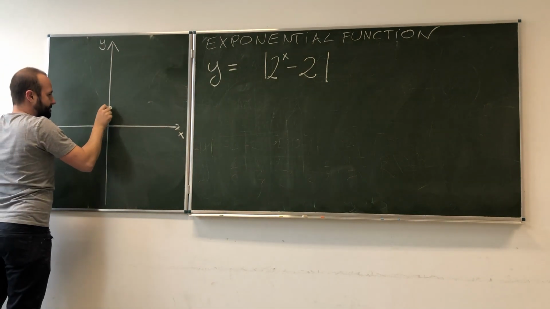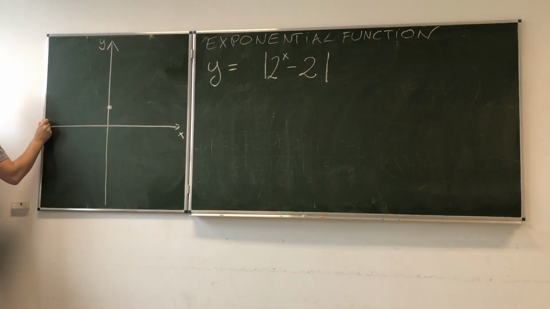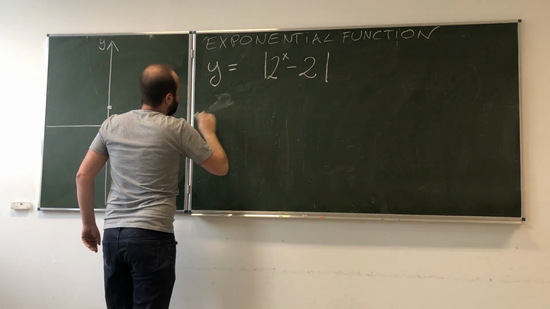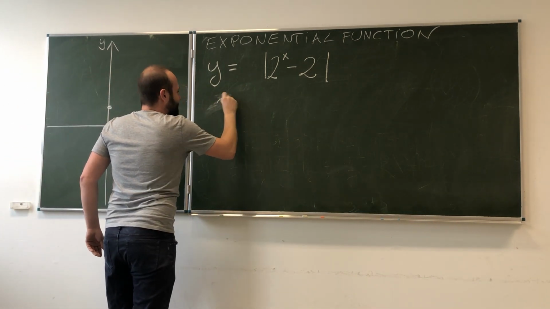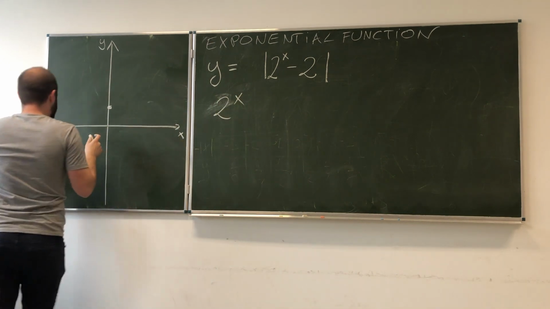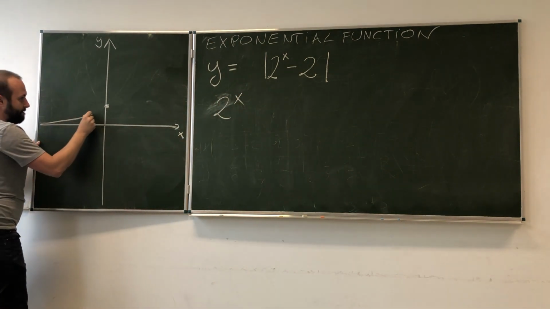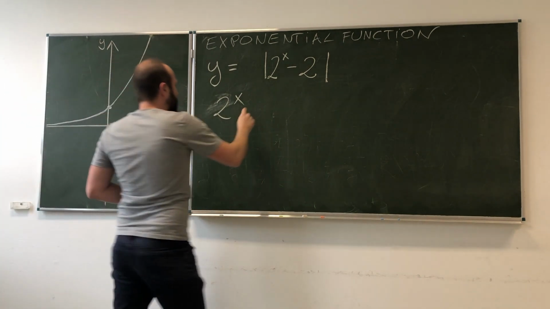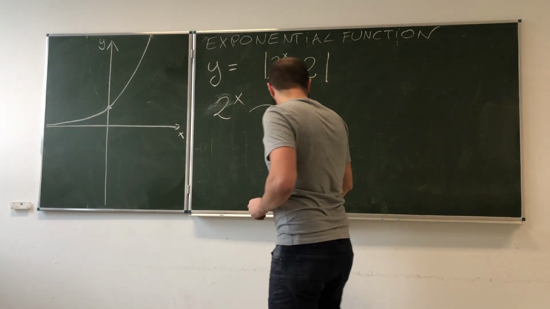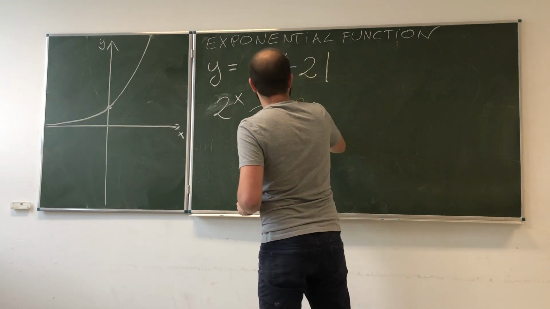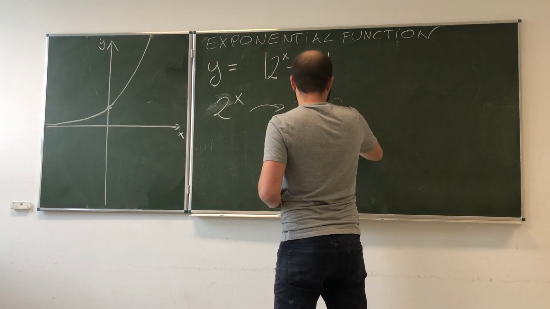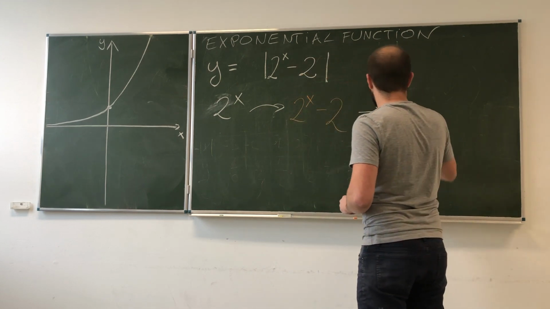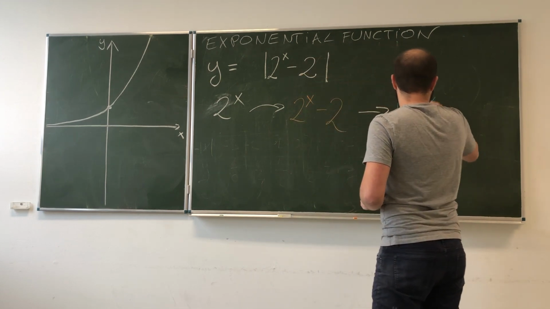Okay, so we start, of course, with the function 2 to the power of x. Now, we will go through a couple of transformations. First one, I have 2 to the power of x minus 2, and then the next one, I'm going to take absolute value of that.